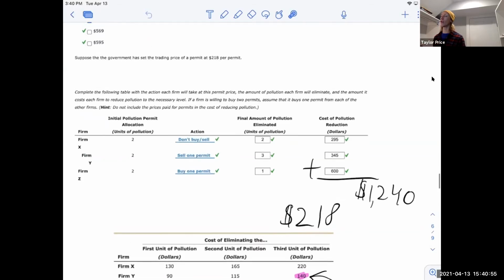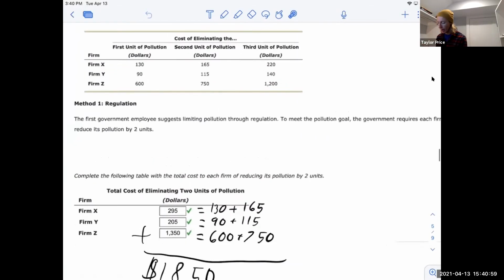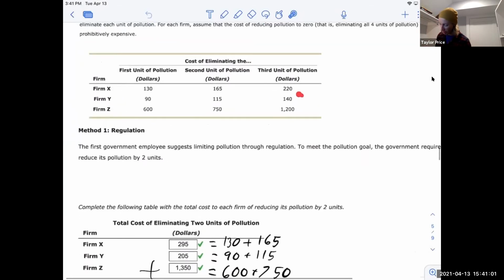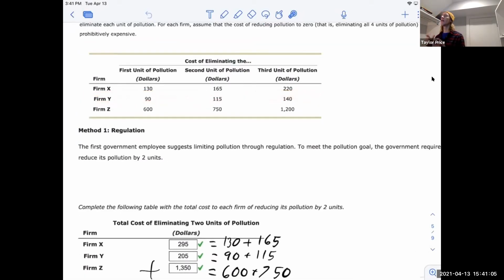But let's take a look at firm Y. Firm Y has very low pollution reduction costs. Because of that, they're actually going to trade a permit, because they can earn more money selling a permit and reducing that unit of pollution.